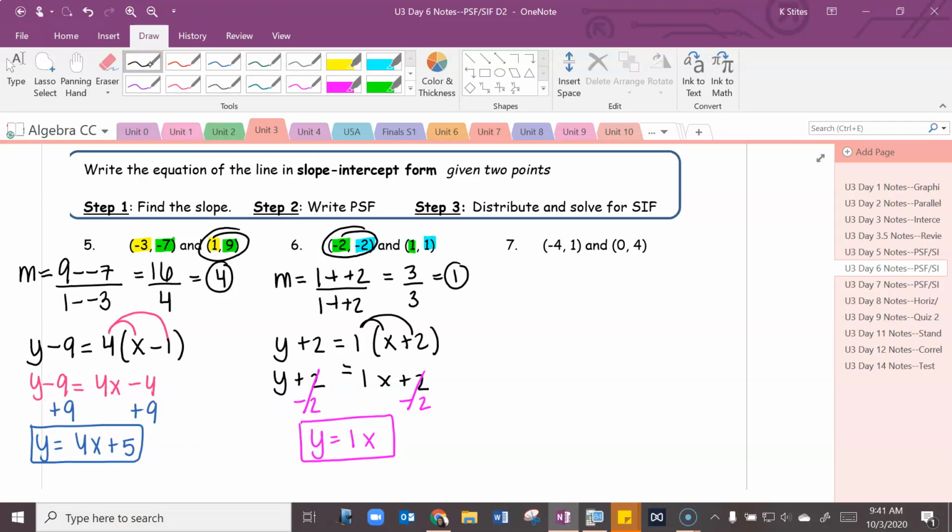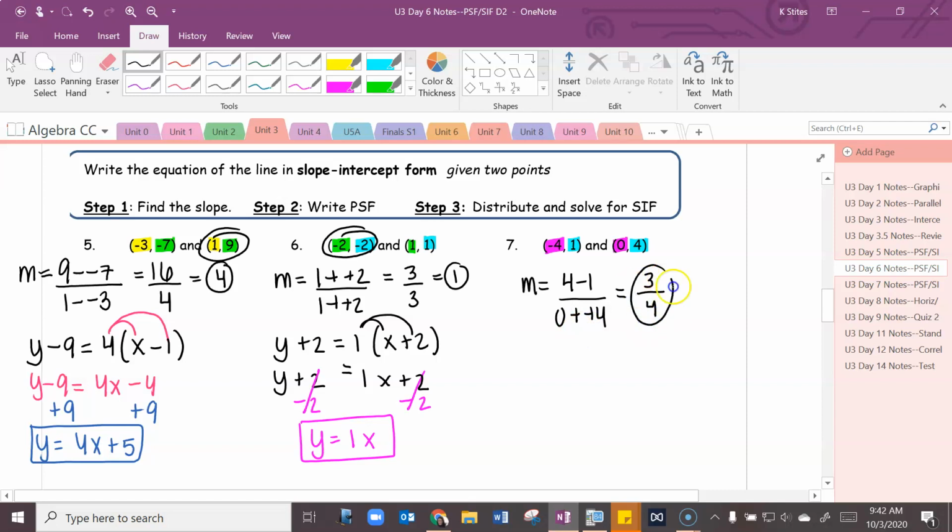All right, final one of these. Again, slope comes first. If you don't have the slope, you've got to find it. y2 minus y1 over x2 minus x1. Make sure you have 0 minus negative 4. 4 minus 1 is 3. 0 minus negative 4 is 4.